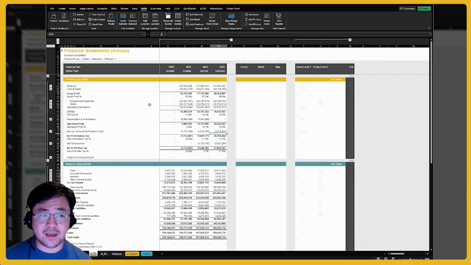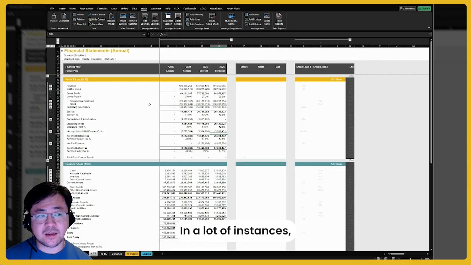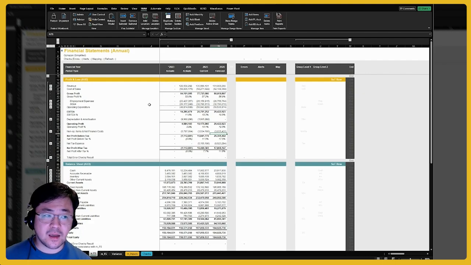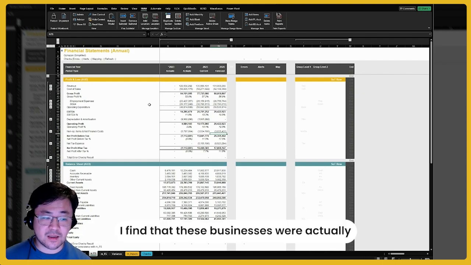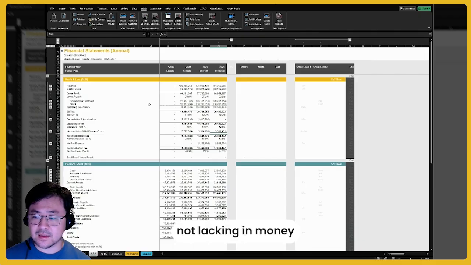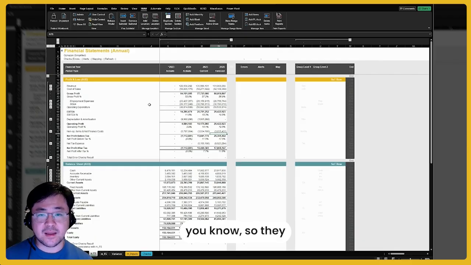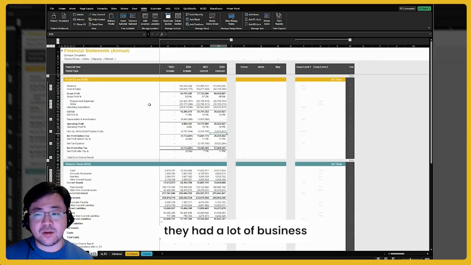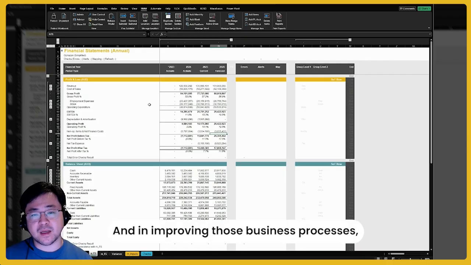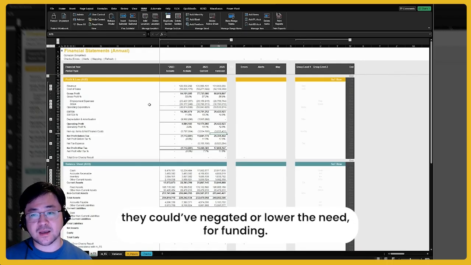But in a lot of instances, in building these financial models, I'd find that these businesses were not actually lacking money in and of itself. They had a lot of business processes that could have been improved, and in improving those processes, they could have negated or lowered the need for funding.